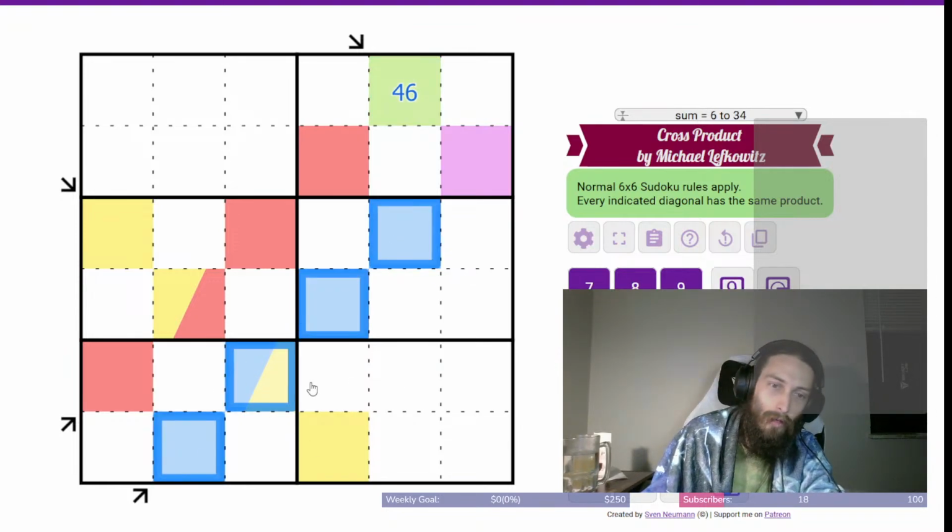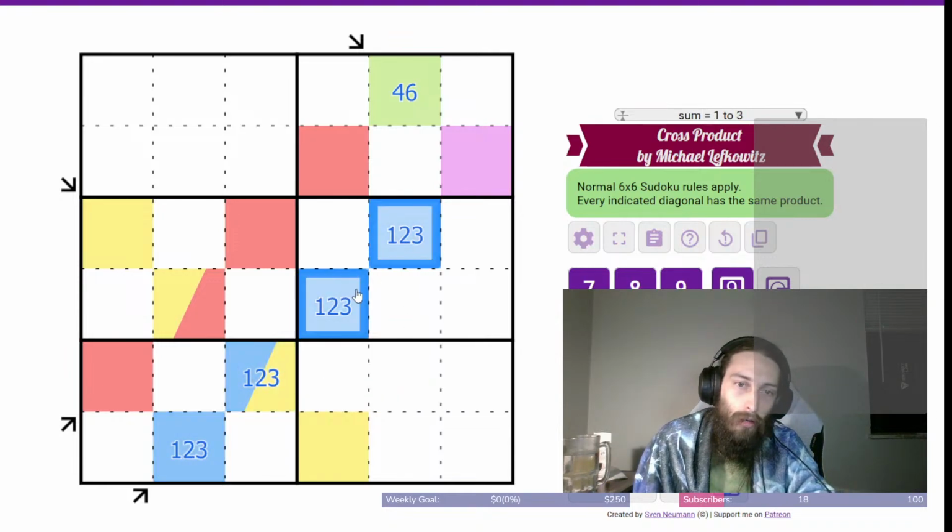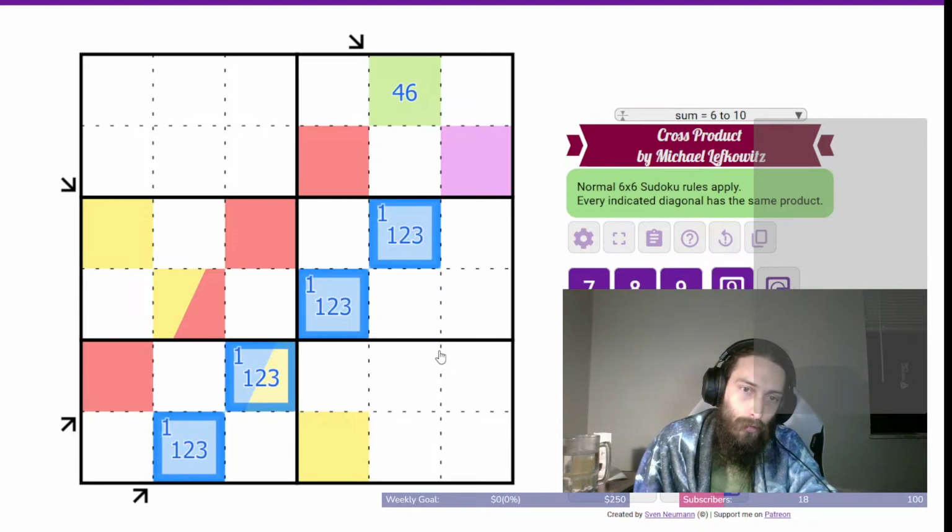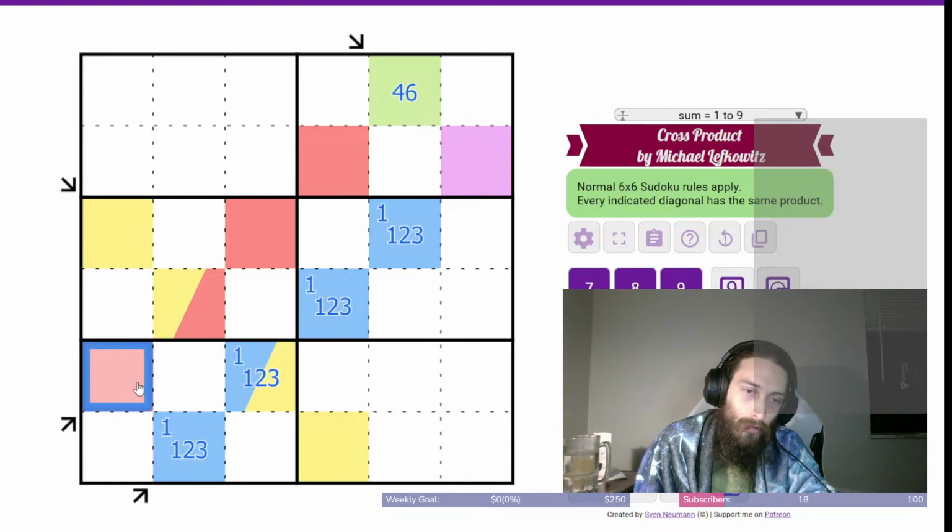So these would have to be 1, 2, or 3, and I know I have a 1 in both of those. Well, purple's going to have to be composite as well. Right, it's going to have to be 4 or 6 also.